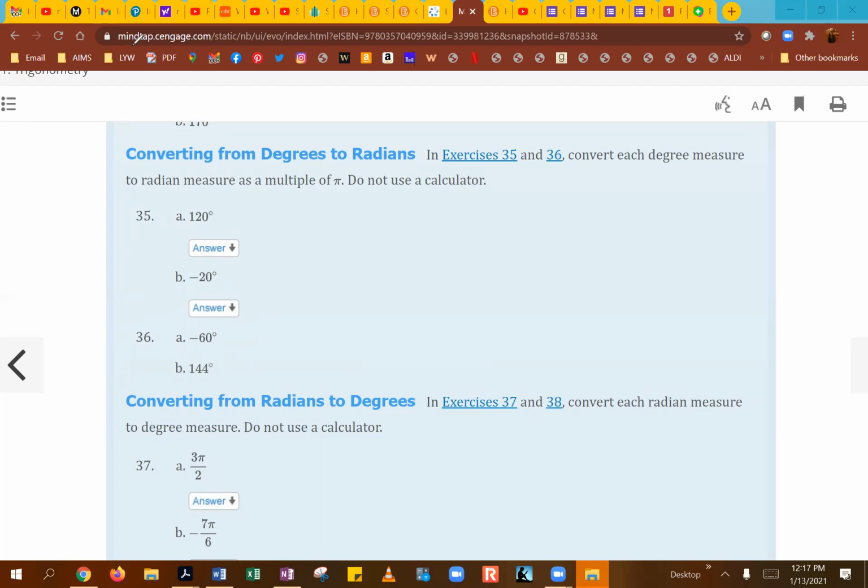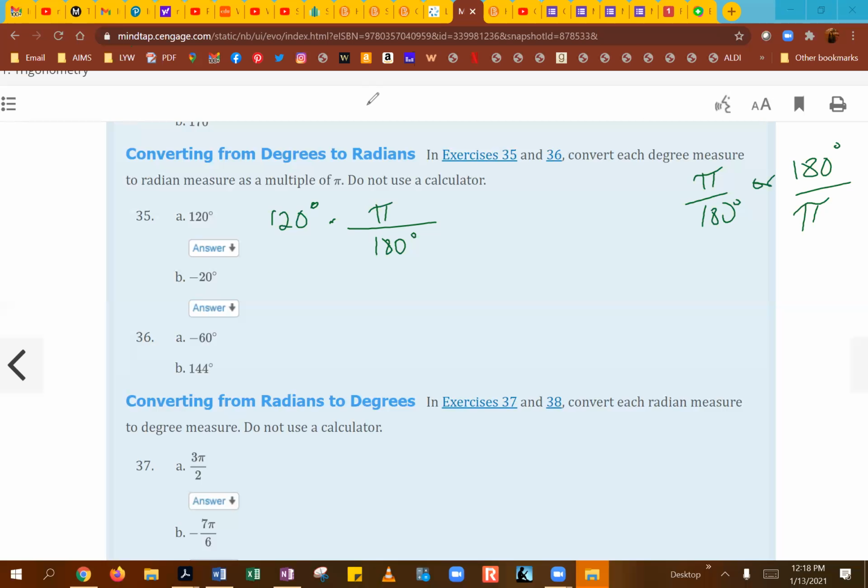So again, remember that conversion factor is either pi over 180 degrees, or it's going to be 180 degrees over pi for these conversions. So since we're doing 120 degrees, let's say over here, since this is degree on the top, you would need to put degree on the bottom so that you're actually using pi over 180 as your conversion factor.